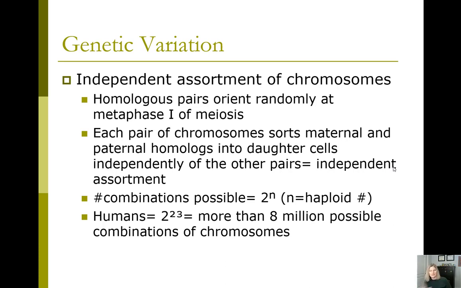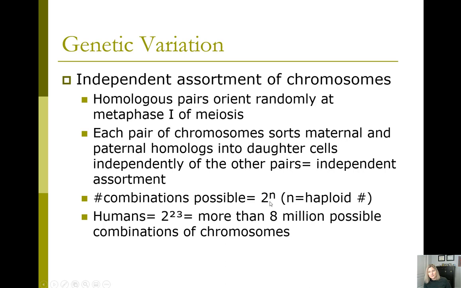It just independently assorts that way, and that leads to a number of different combinations possible. The way we figure that out is we use this formula: 2 to the nth power. The n stands for the haploid number. So what's our haploid number? Our diploid number is 46, so our haploid number is 23. We have 23 chromosomes in our sperm and egg.